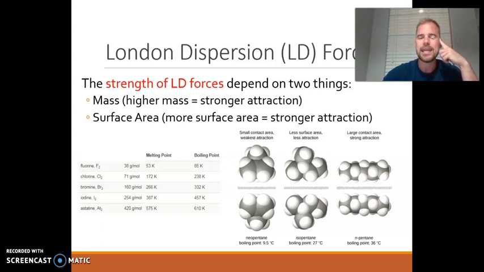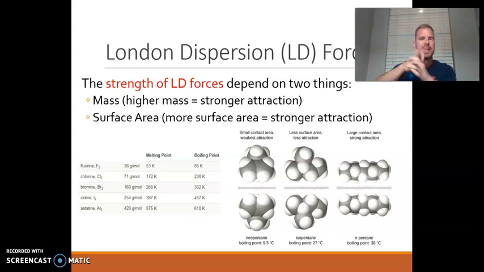But yet, neopentane's boiling point is only 9.5 degrees Celsius. N-pentane is significantly higher, it's 36. Why would N-pentane, that's on the right, have a higher boiling point than neopentane on the left if they all relatively have the same molar mass, right? Well, it's because if you take a look at neopentane on the left, it's very clumped, it's very clustered, and so there's not a lot of surface area.